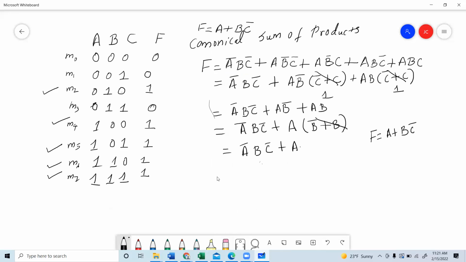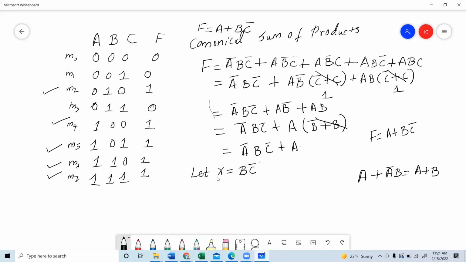If you remember the previous class, that was A plus complement of A bar B, which is equal to, what? In OR form, A plus B. We are going to use this law. So how we are going to use this law is, actually in mathematics, we can always say let X is equal to BC bar.